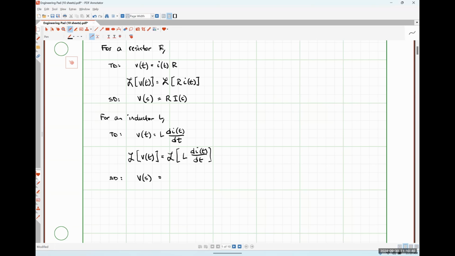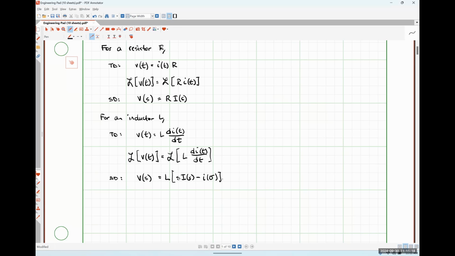So that would look like, if I pull L out as a constant term, L times S of I of S minus I at 0 minus. And then if we wanted to, we could redistribute through that L.